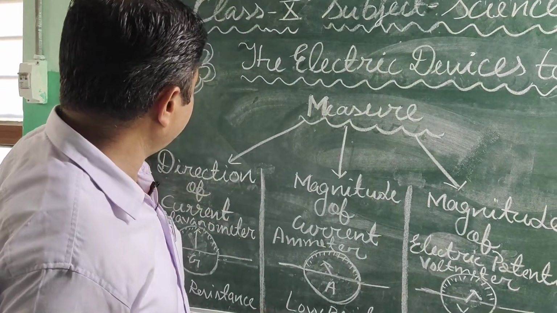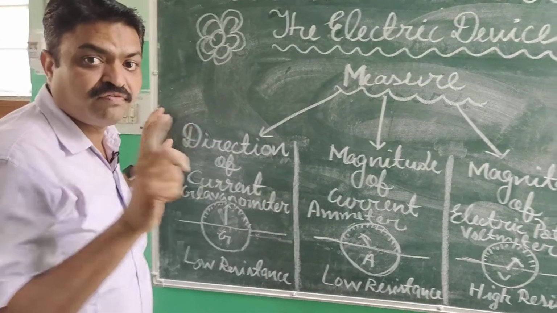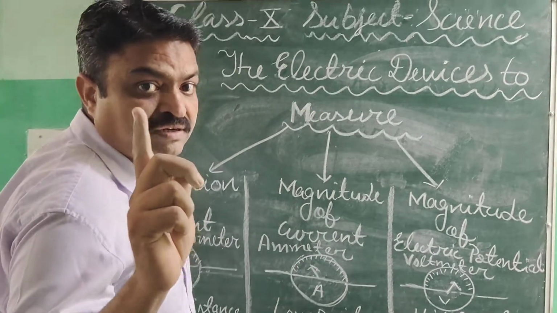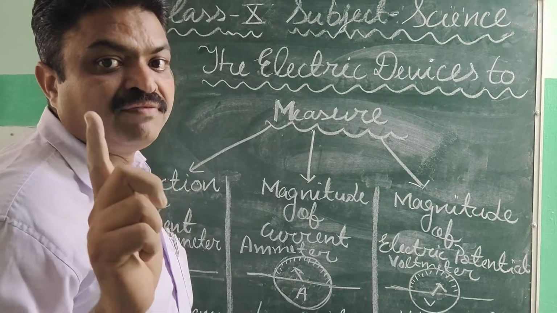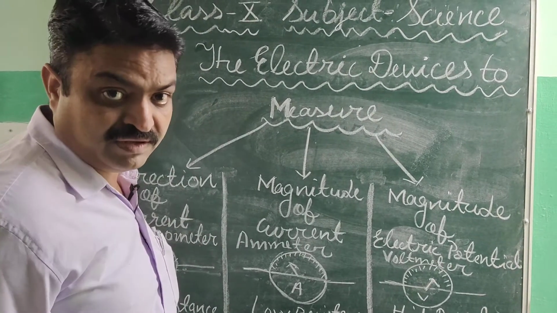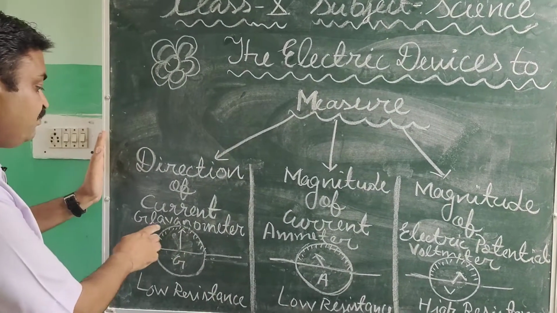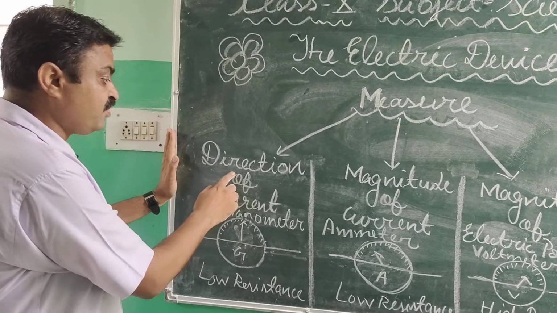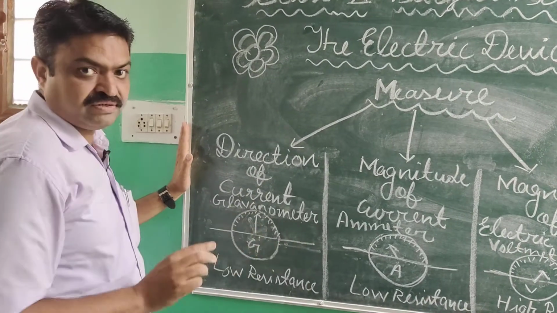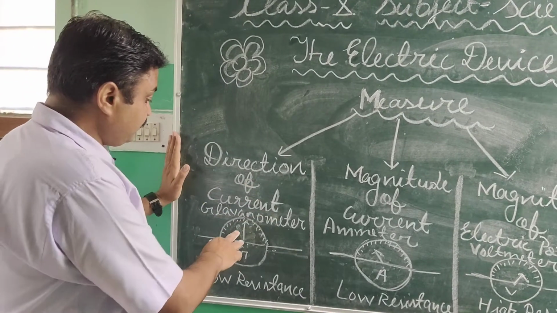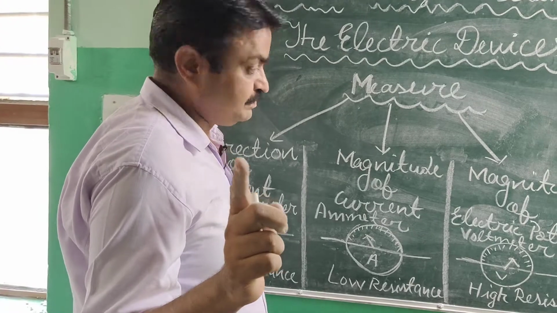The device that is used to measure the direction of current is known as a galvanometer. What do we call it? Galvanometer. So the galvanometer is the device with which we measure the direction of current, that is, in which direction the current is flowing.